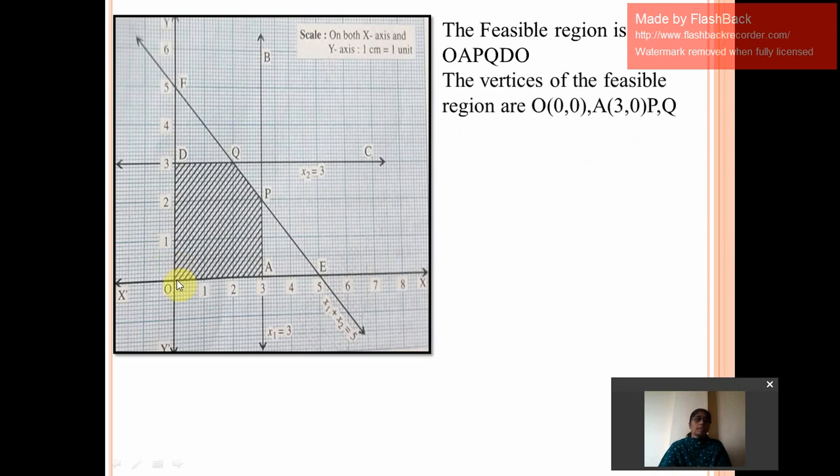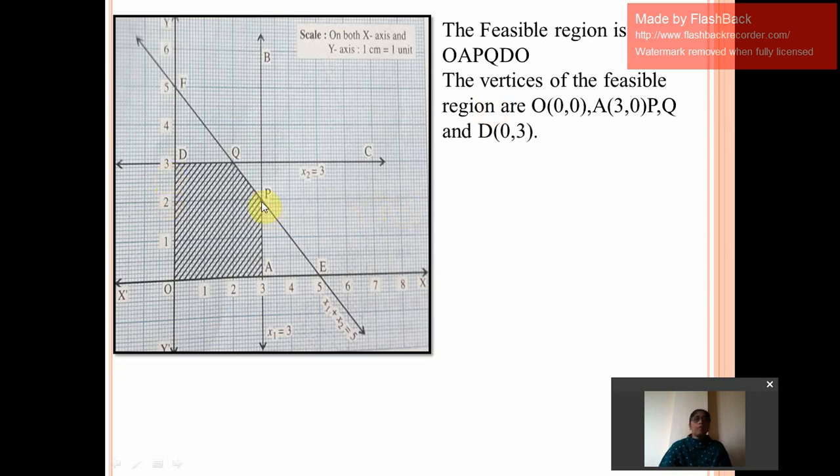Its vertices are first O (0, 0), A vertices (3, 0), P, next vertices Q, next vertices D is equal to (0, 3).